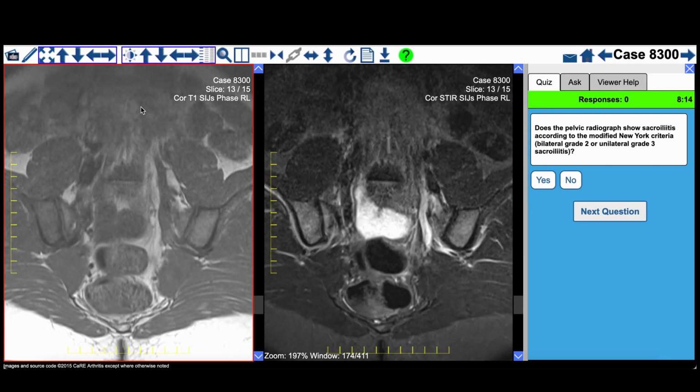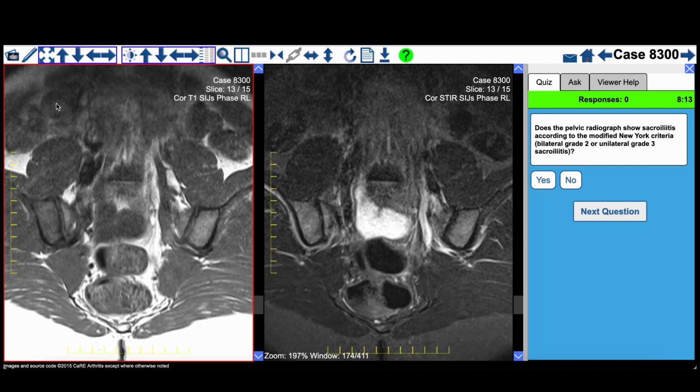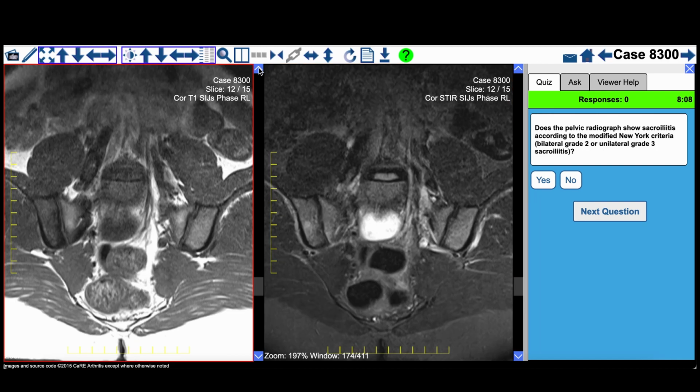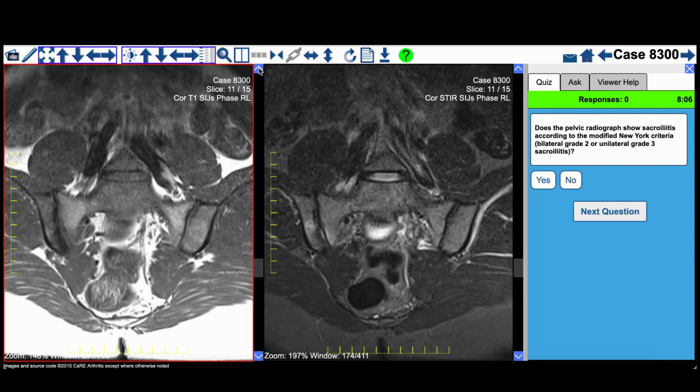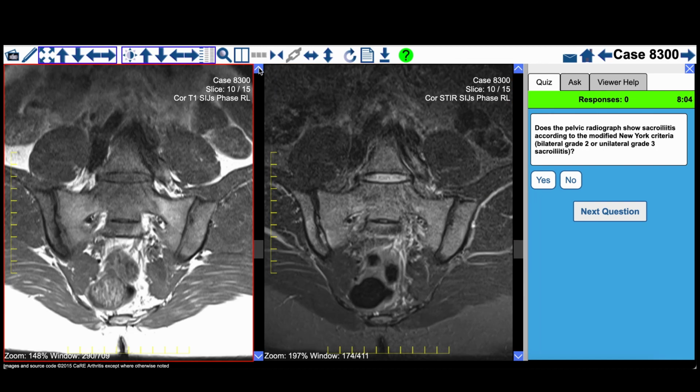This is a key principle of MRI evaluation. And as we scroll from front to back, what do we see? Well, let's keep our eyes focused on the right sacroiliac joint. There's little to find on the left side.